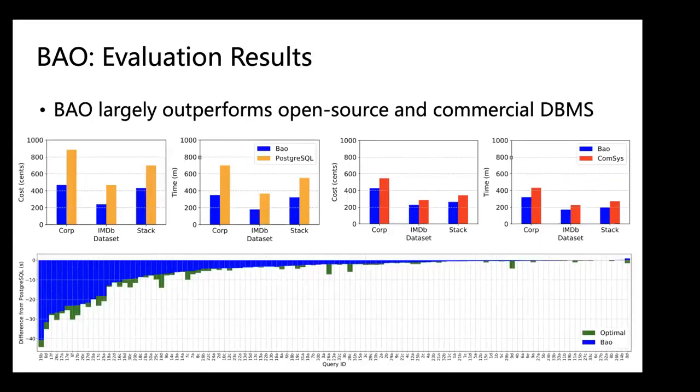By evaluation results, BAO could largely outperform the open source DBMS and the commercial DBMS on different datasets. Here is its performance on Postgres and its difference with the optimal plan on the JOB query workload benchmark.